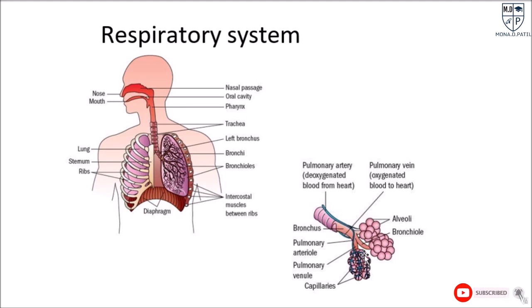Here you can see the nose; respiration begins with the nose. So the first part is the nose. Air is filtered with the help of hair and mucus present in the nose. Mucus is a sticky substance which is present inside.